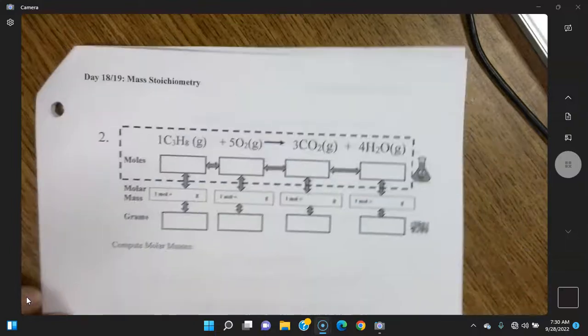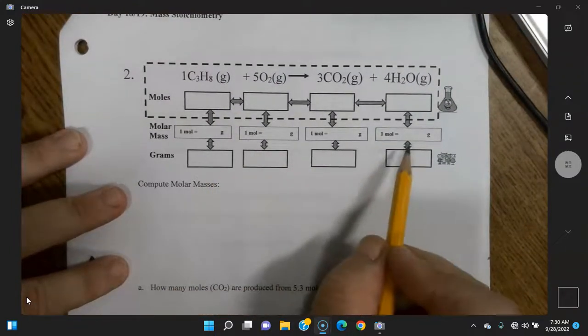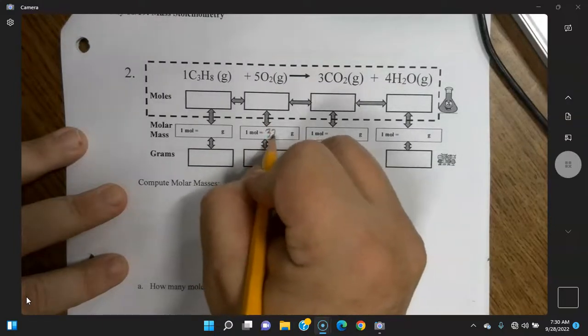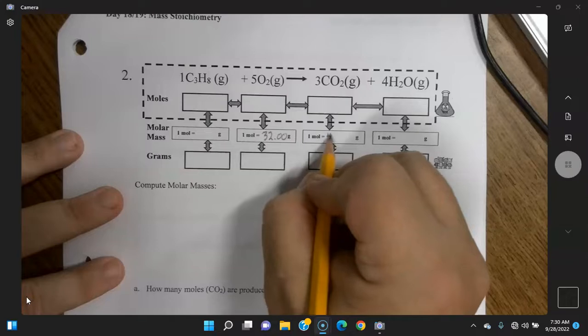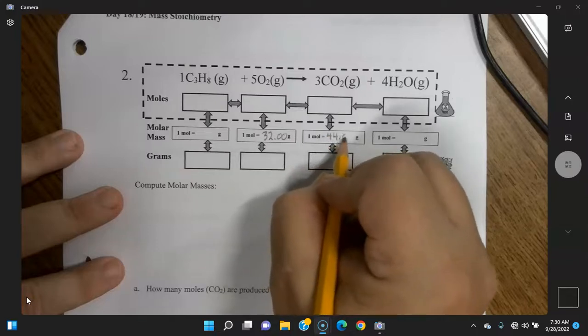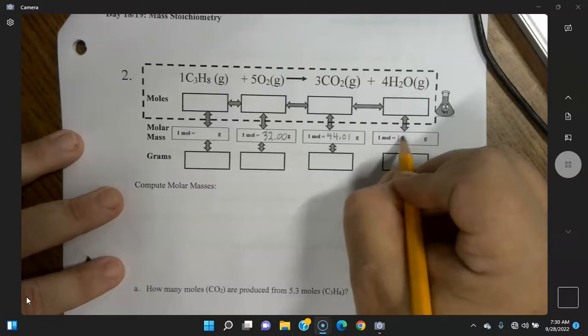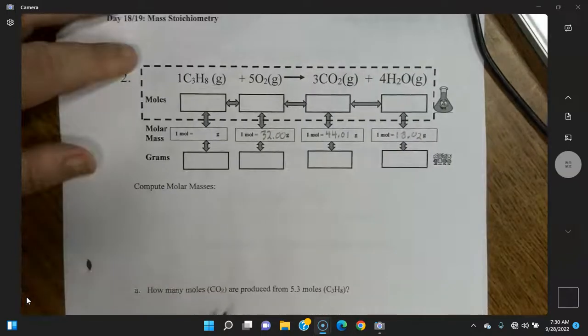We did every one of them in class. Okay, this one's asking you to compute molar masses first, to fill in your molar masses. Well, O2 is 32. You've seen that before. CO2 is 44.01. 12.01 plus 32 gives you that. And H2O is 18.02. So again, this is going to be on the first midterm.